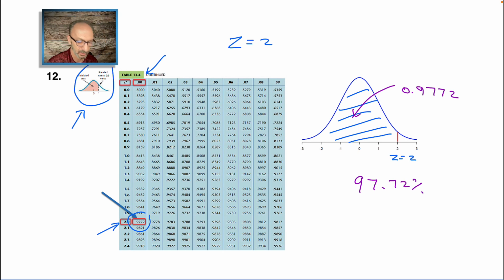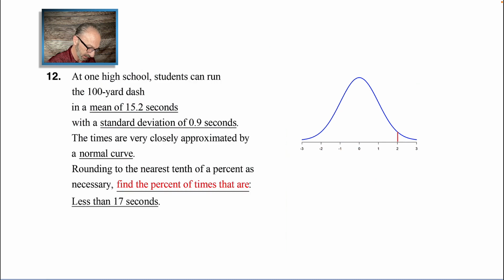That should be the answer to the question. Let's see if I have more. Yes. So this right here, as an area, it's 0.9772. As a percent, it's 97.72%. And that should do it.